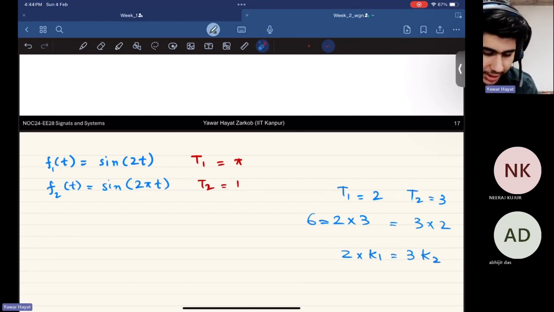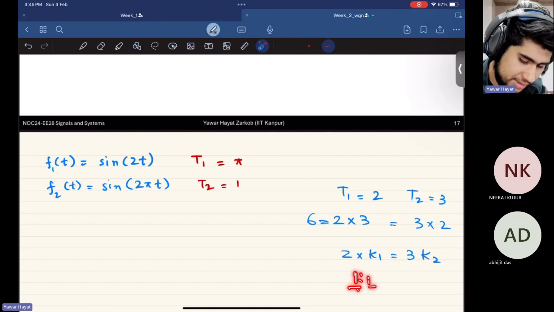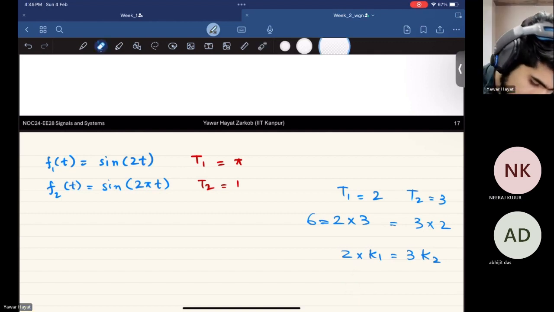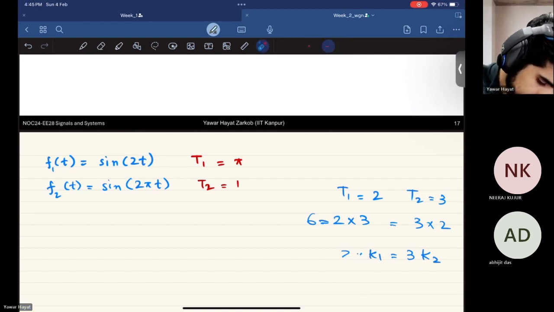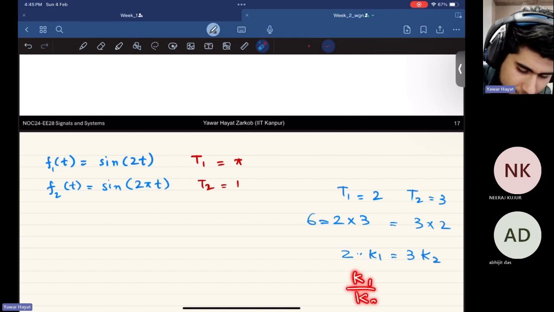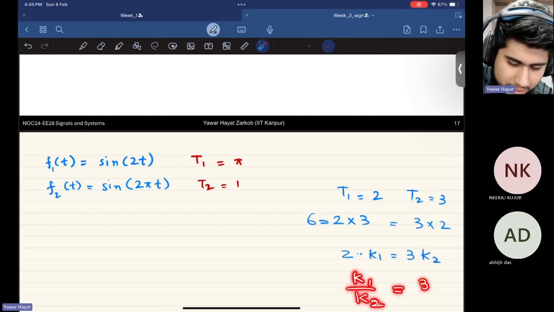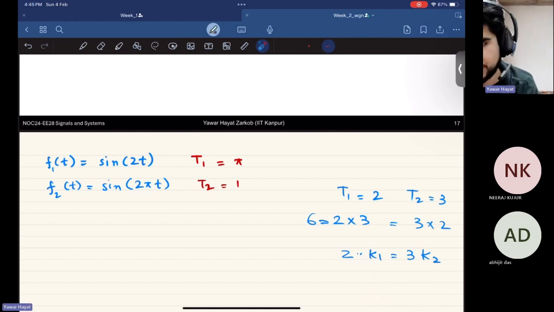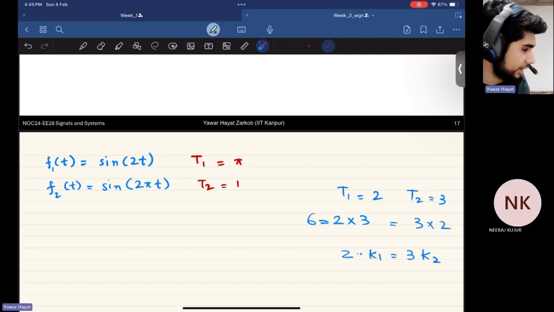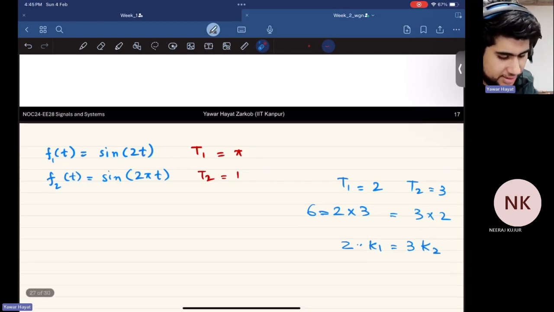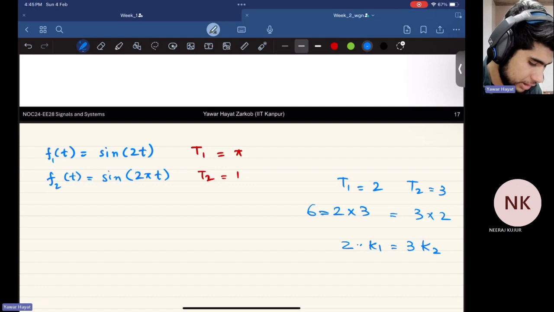In other words, K1 by K2 should be 3 by 2, and that is a rational number, right?